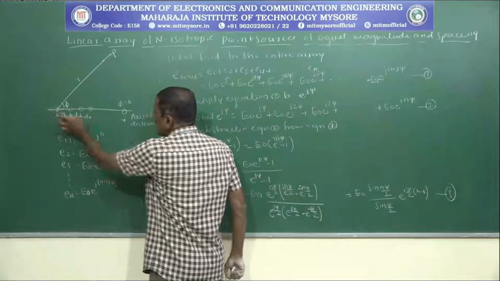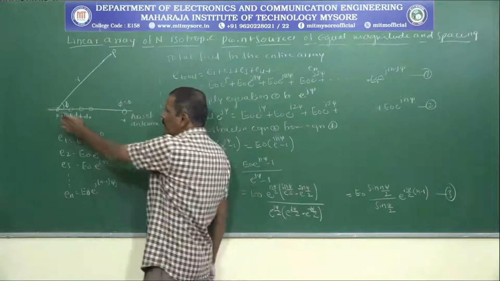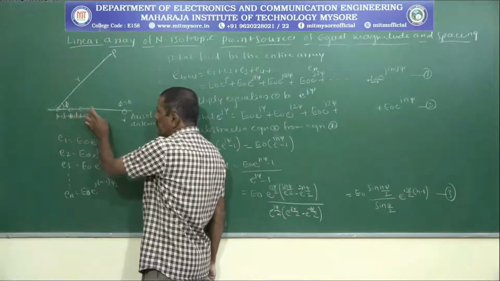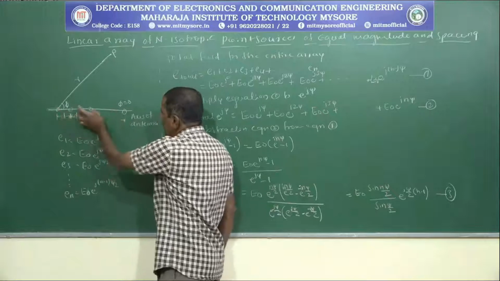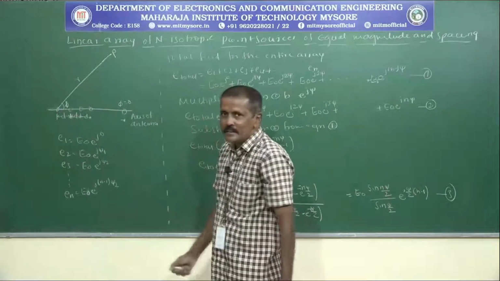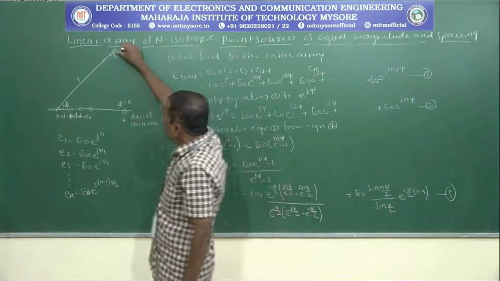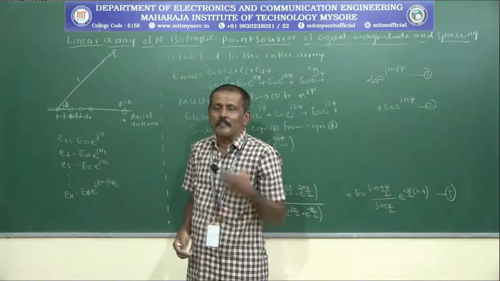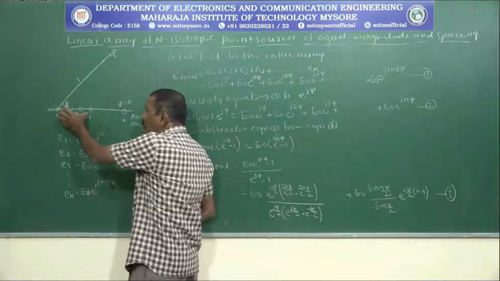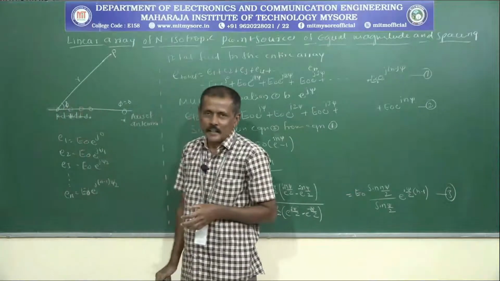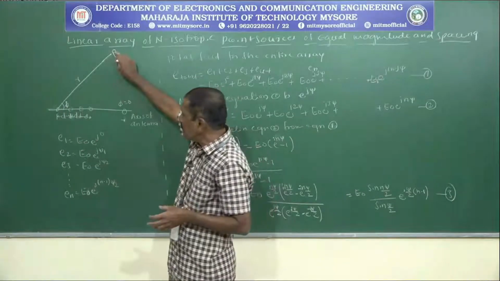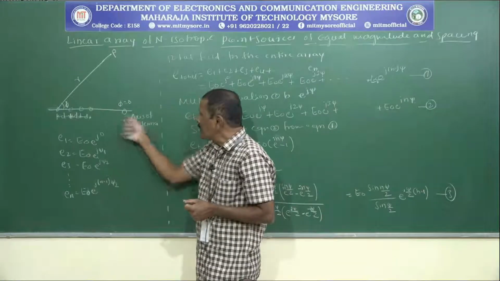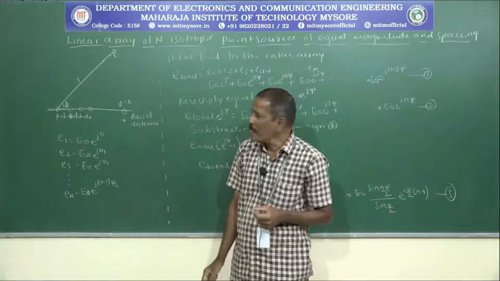Now, this is the linear array where we have n elements: 1, 2, 3, 4, 5, 6, like this. So n elements are arranged here, and P is the point where we are measuring the field strength due to all these antenna array elements, and this is the axis of the antennas.